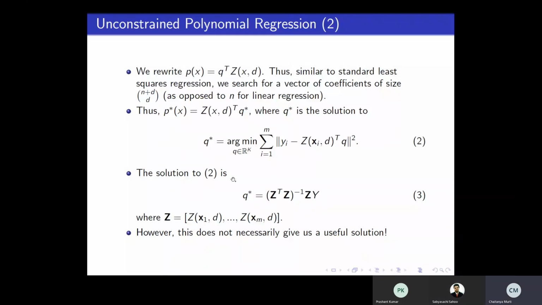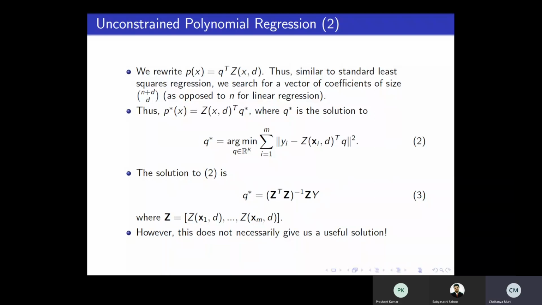So much like standard least squares, the polynomial least squares solution is (Z transpose Z) inverse Z transpose Y, which is the same as the standard least squares, except there it's (X transpose X) inverse X transpose Y. So this much is standard. Now the problem is, unlike the linear least squares regressor, this doesn't necessarily give us anything really useful.